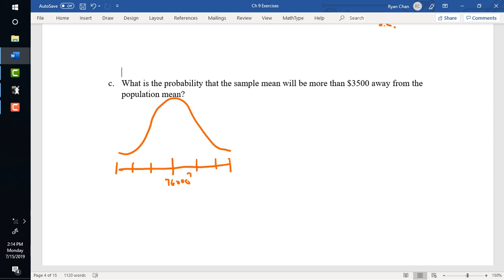So this is 79,500. This is 83,000. And this is 86,500. This is 72,500. This is 69,000. This is 65,500. Now, if they're saying more than 3,500, they're actually talking about this.